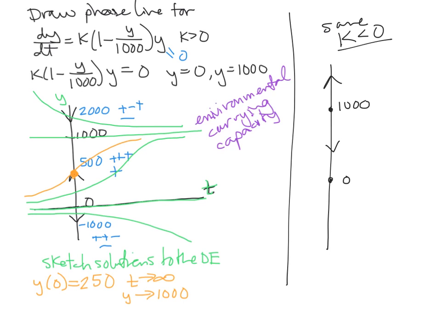It just changes the direction of all the arrows when k is negative. Now, what this says is that 1,000 is an unstable equilibrium point, and we would call this a threshold level.